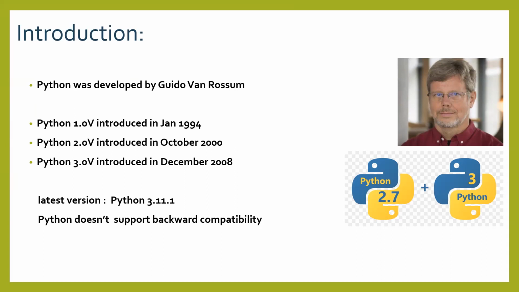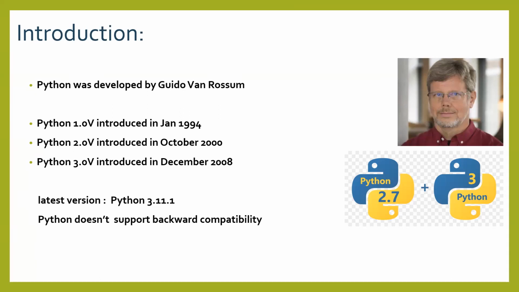That concept is called backward compatibility. It means the programs written in Python 2 will not be supported. Let me take some examples so that you will understand. I hope you are able to see my screen. One example is the print statement. While we are doing the coding, you can see the difference. Print hello world. This is the Python 3 version.